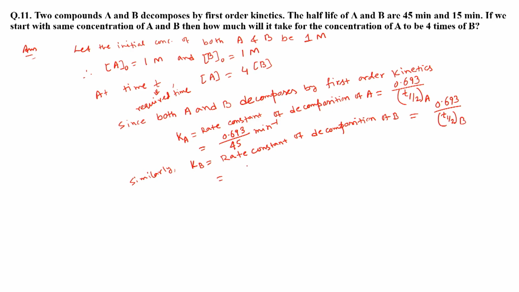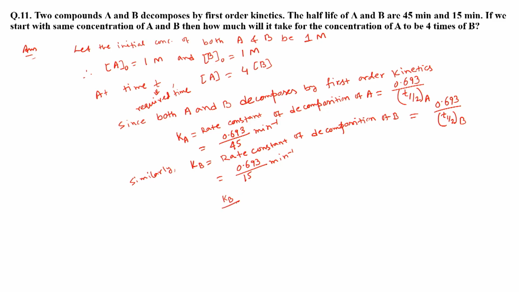So, we get the value of Kb is 0.693 by 15 minutes, so this is minute inverse, right.